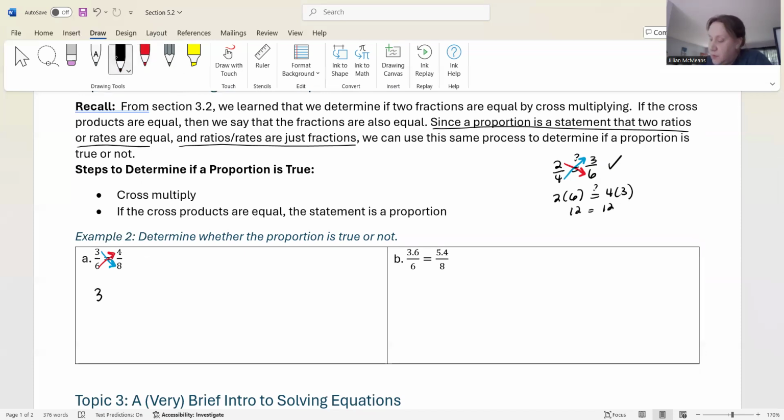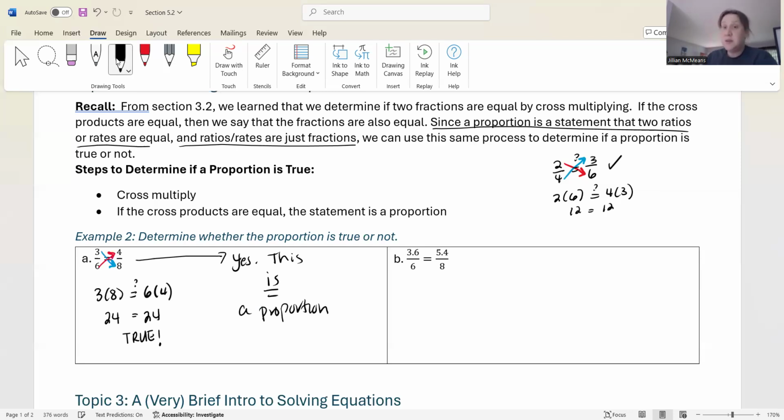So we want to know, is 3 times 8 equal to 6 times 4? If these cross products match, then those two fractions are equal, and we can say this is a true proportion. Well, 3 times 8 is 24. 6 times 4 is also 24. So this is definitely a true statement. So yes, this is a proportion.